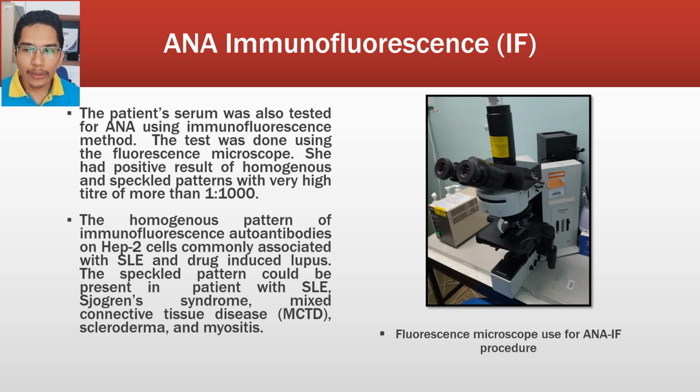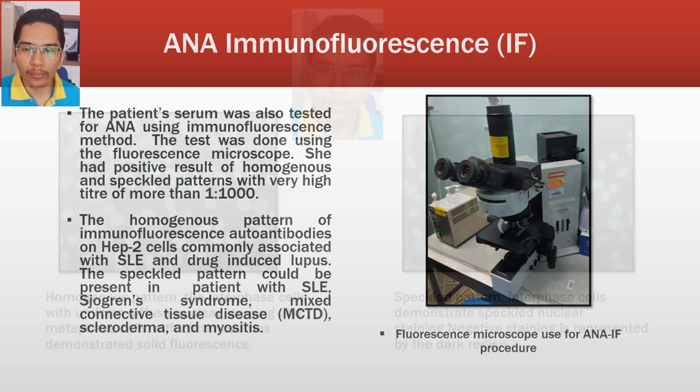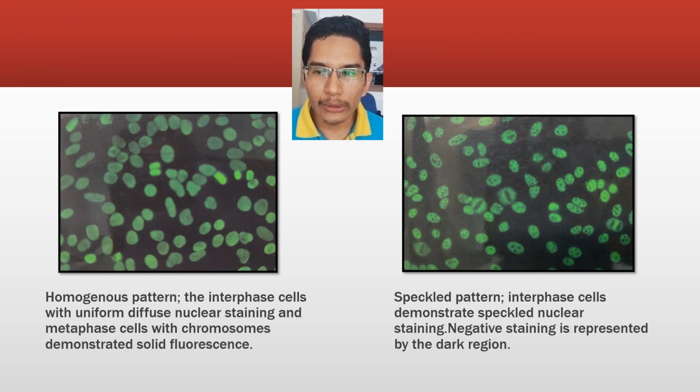The right picture shows the fluorescent microscope used for the ANA-IF procedure. These two pictures show the homogeneous pattern and speckled pattern that could be examined under the fluorescent microscope.